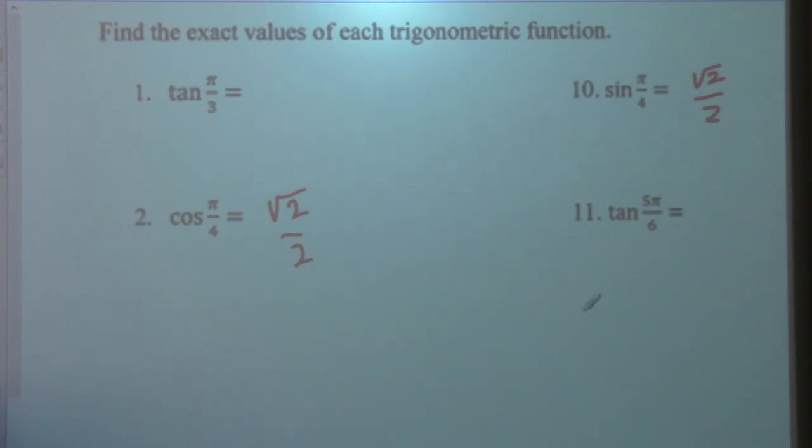The tangents are going to be a little harder to figure out, but it's going to be square root of fingers over square root of fingers. So square root of these fingers over square root of these fingers. That's what that's going to be.